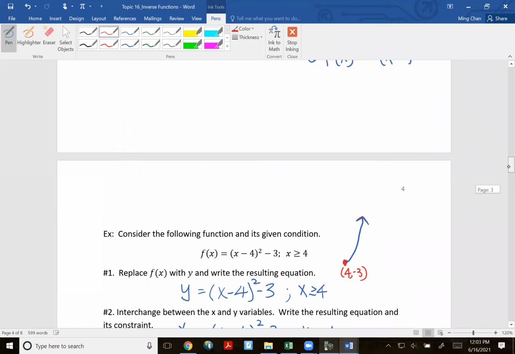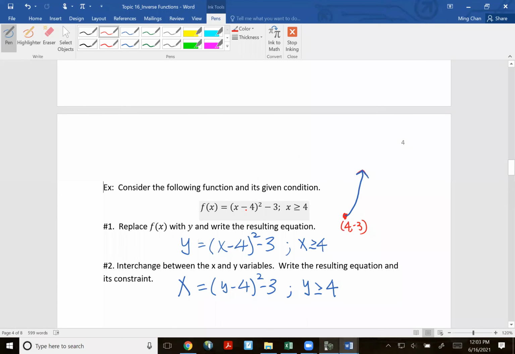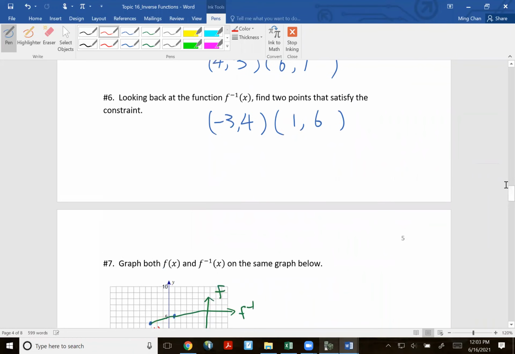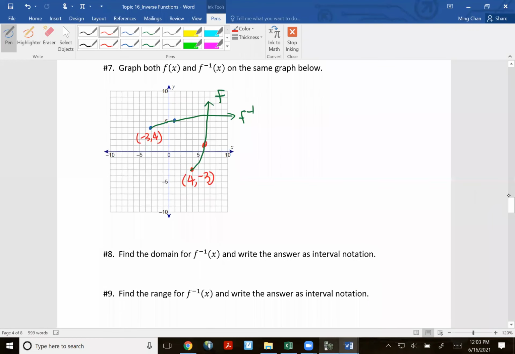This number tells me I shift to the right. That k tells me I shift down 3. So I went to the right 4, down 3. So I know the bottom of the U has shifted. I did that from the transformation.